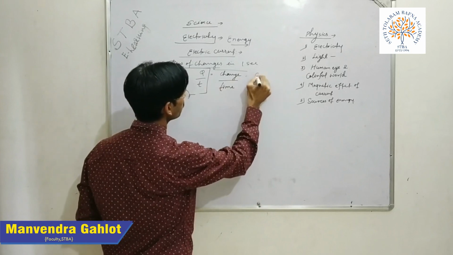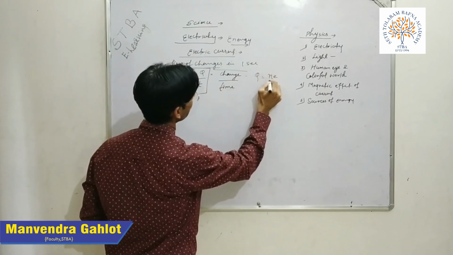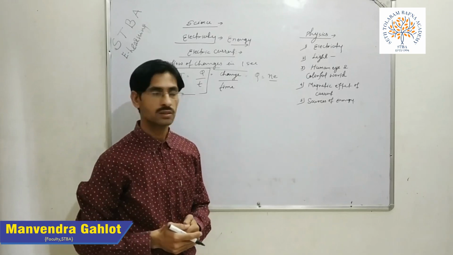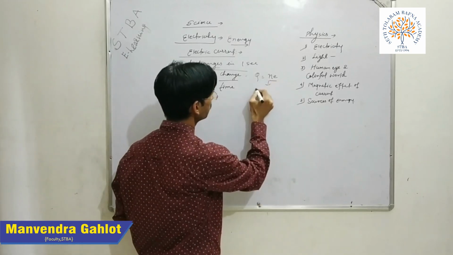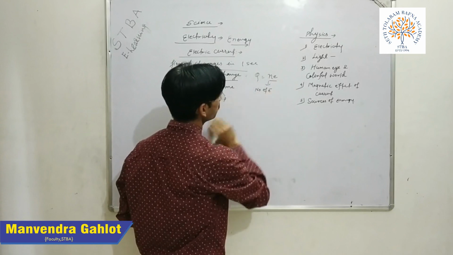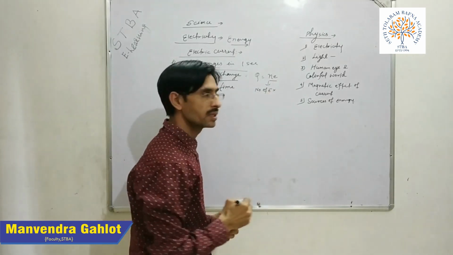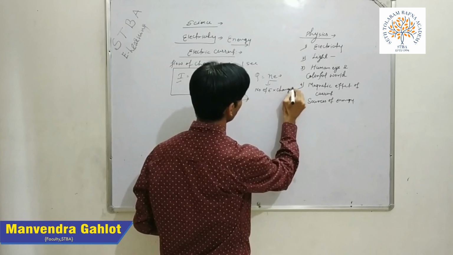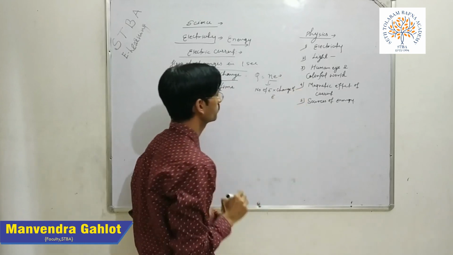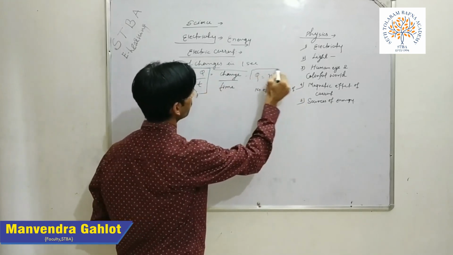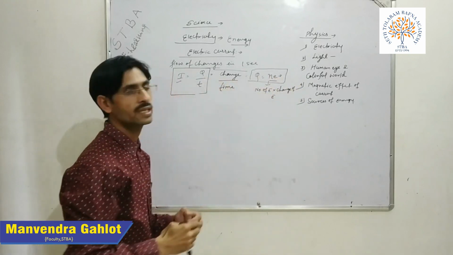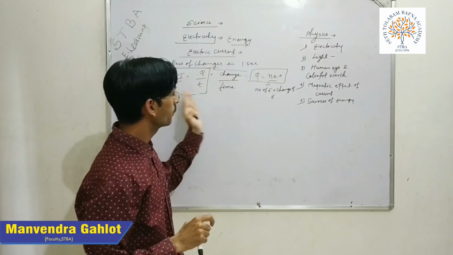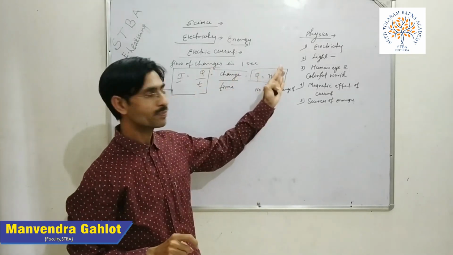Charge Q equals N multiplied by E, where N is the number of electrons, multiplied by E, the charge of electron. So we can calculate the charge by this formula, I equals Q upon T, where Q equals NE.